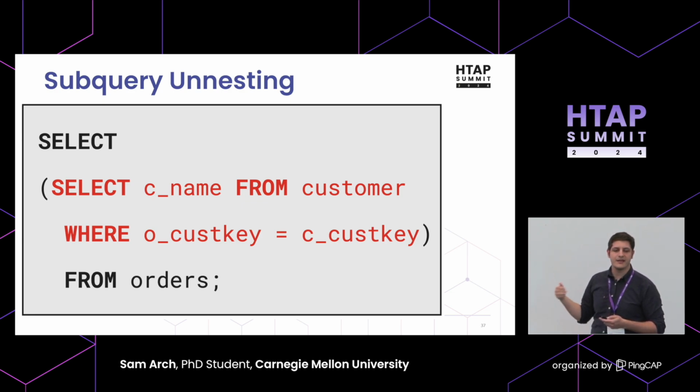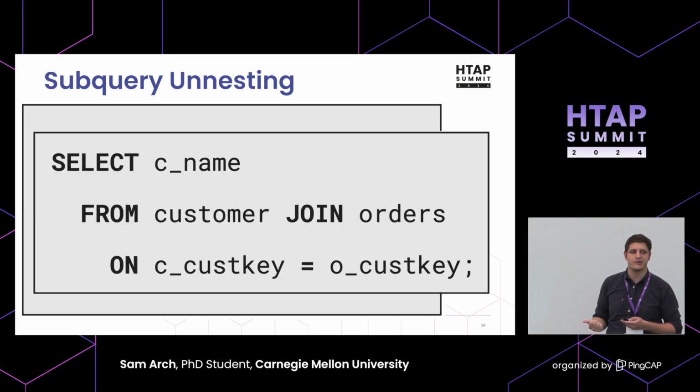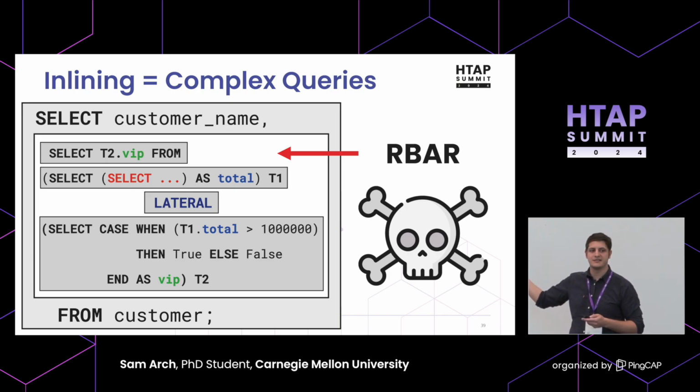So again, the naive way that this would get evaluated is you keep rescanning the customer table for every order. But pretty much every single database system will rewrite this to do a join between the customer and orders table. So instead of it being customers times orders, it's going to be customers plus orders if you use a hash join or something like that. But the challenge is that if you have an extremely complicated subquery like this, the database system can't unnest it, and you're left with row-by-row execution.